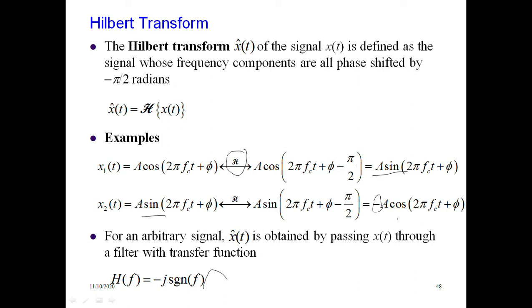There is a minus symbol here, but from cos, you directly get a sine. In the transfer function of the Hilbert, in the table, we can find that it is minus j, the inverse of the amplitude of that particular signal.